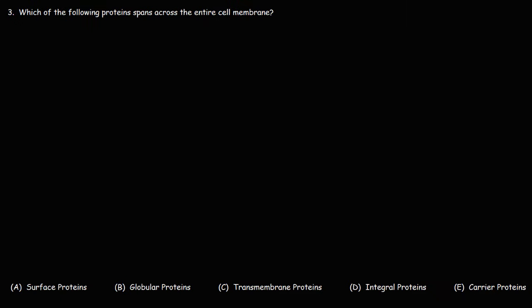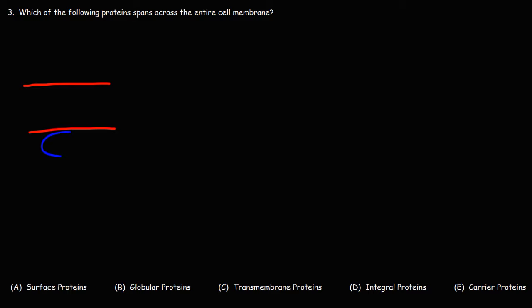Number 3. Which of the following proteins span across the entire cell membrane? Is it A, surface proteins, B, the globular proteins, C, transmembrane proteins, D, integral proteins, or E, carrier proteins? What would you say? So let's say this is the cell membrane.